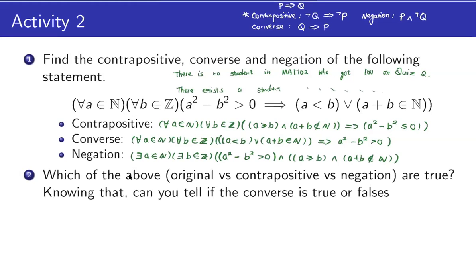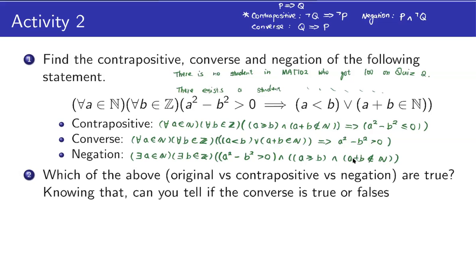Actually, let me see if the statement is true. Might be true. You guys think about part 2 and let's see if the statement I just created is true. Version A, oh, not true.